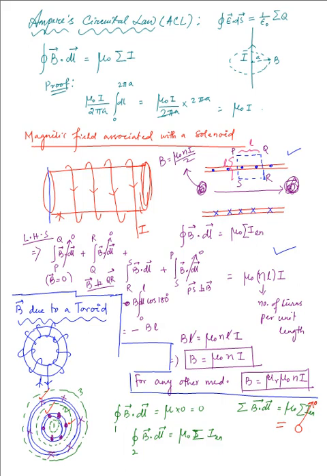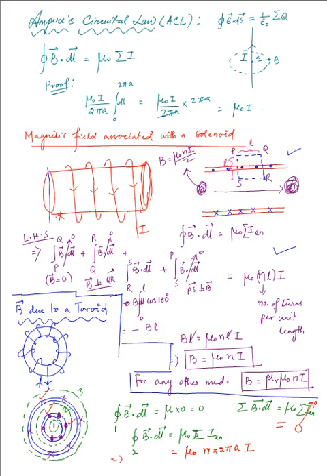And if we are considering n number of turns over here, so we have the number of turns per unit length, that is n, and the total circumference is the total length, so that is 2 pi. Let the radius over here be a. So we have n times 2 pi a, and the current across each ring is going to be I. So n times 2 pi a times I. Let's see what we have on the left hand side.